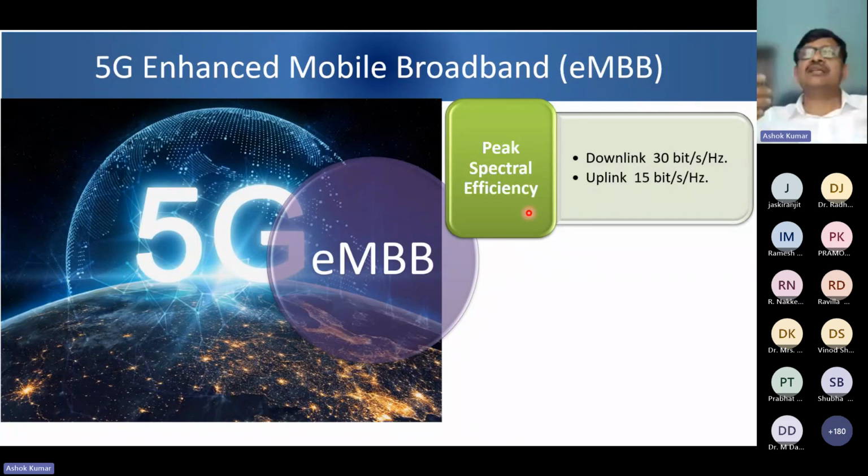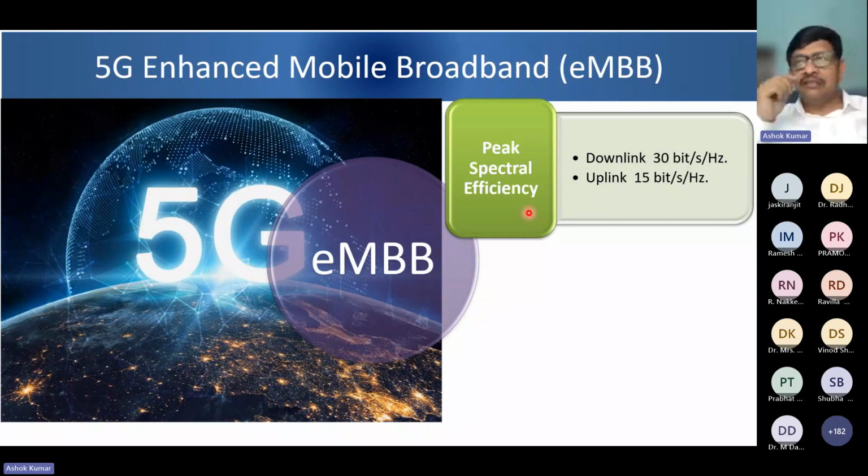If you have only 1 hertz of frequency resource, you can achieve theoretically 30 bit per second in downlink and half of it in uplink. And can you guess what this was in 4G? Yesterday we talked about it. It was 10 bits per second per hertz, right? So it is 3 times better compared to 4G.